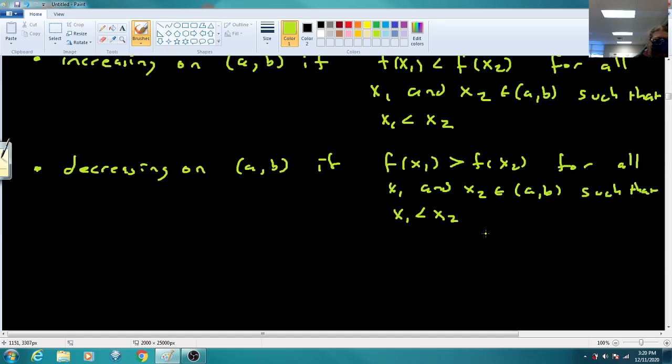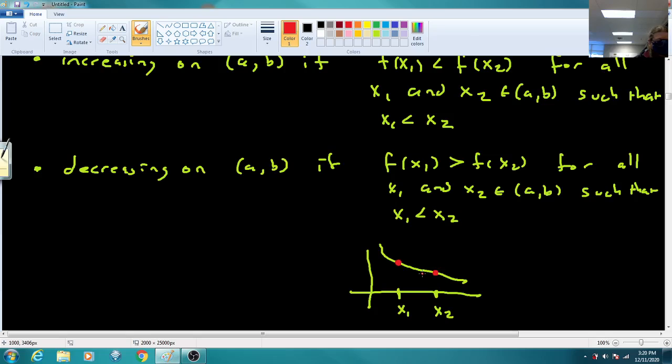So this time we're saying if you have a region of x's, and if x1 is to the left of x2, and for all the x1s on the left, their y values are bigger, so all the x2s on the right have the smaller y value, then we say the function is decreasing.